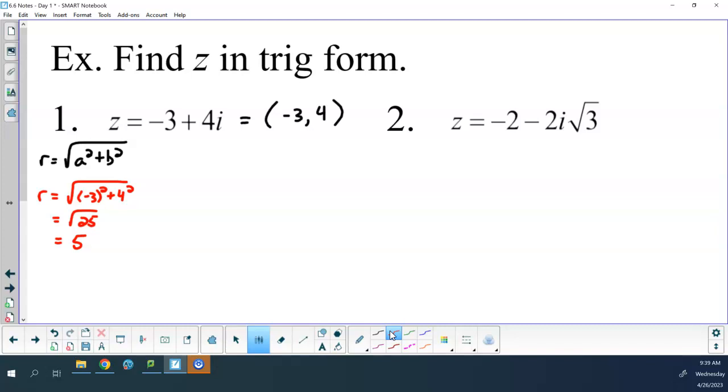You should know 3, 4, 5. All right? Now we need to find theta.